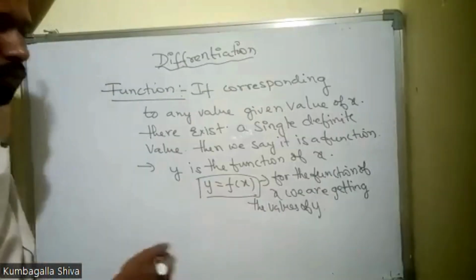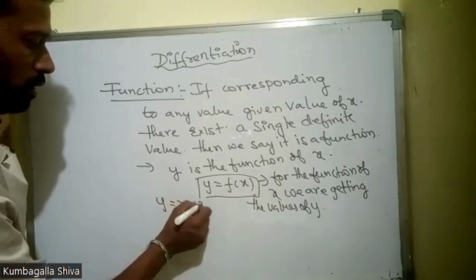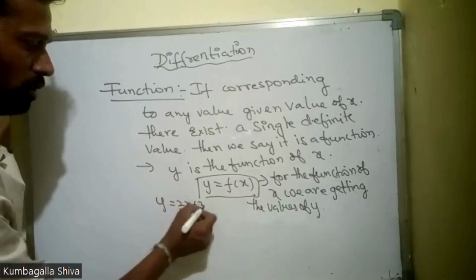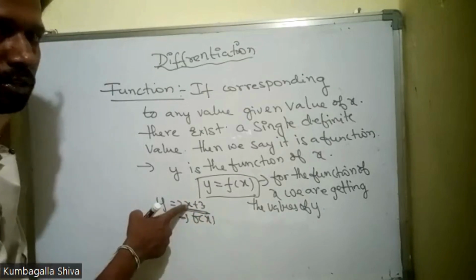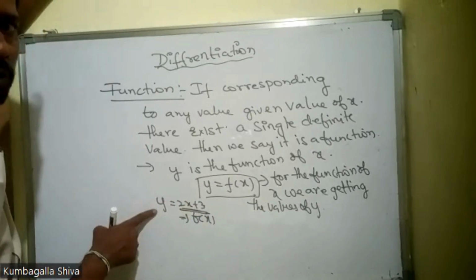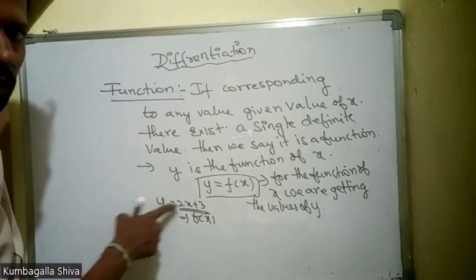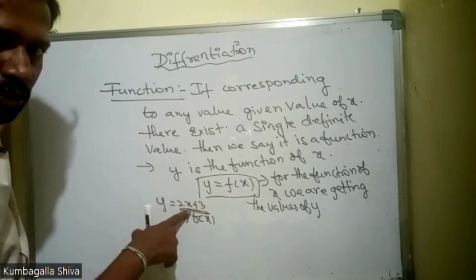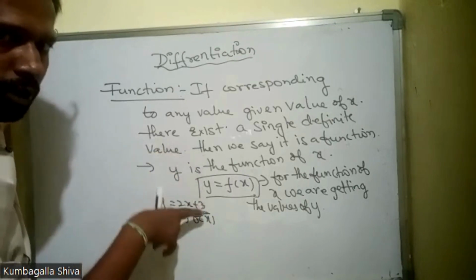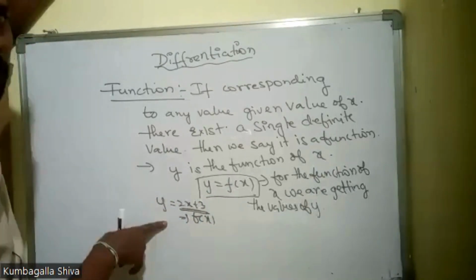Let us go to the previous example, y is equal to 2x plus 3. What is 2x plus 3? It is nothing but f of x, function of x. You are getting y values. In the equation y is equal to 2x plus 3, while it is a function of x, for whatever x values you put, 0, 1, 2, 3, you are getting the corresponding y values.